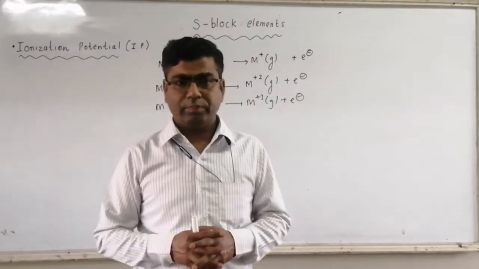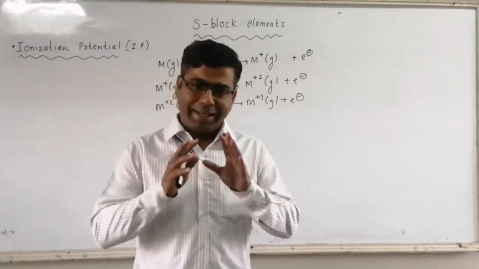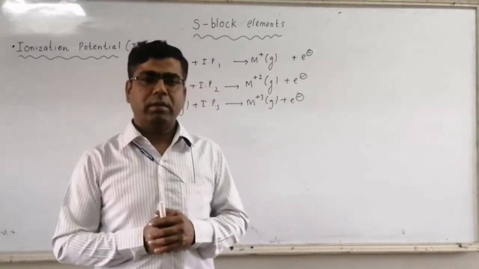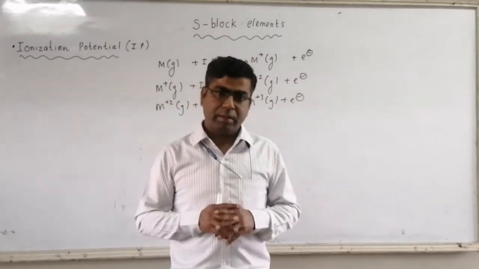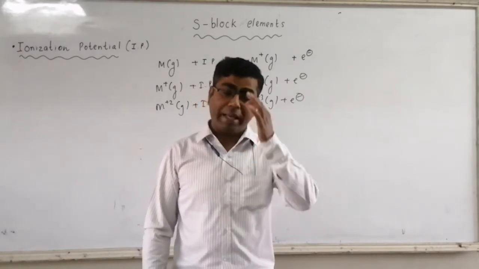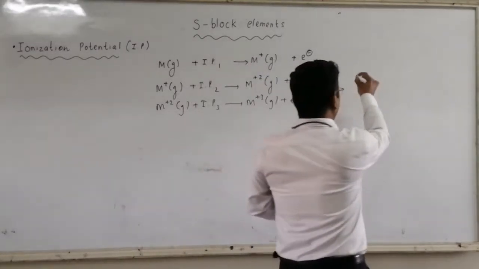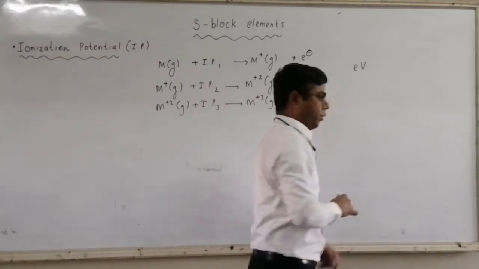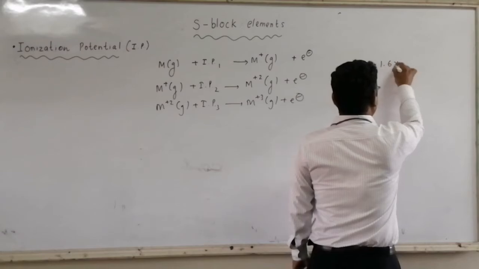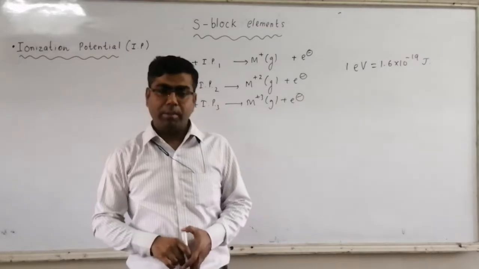As an atom is the smallest unit of matter, the energy required to remove the electron will be very small, and that's why we use the smallest unit of energy, which is called electron volt. The unit here will be electron volt, eV. 1 electron volt is equal to 1.6 into 10 to the power minus 19 joule. Remember this.